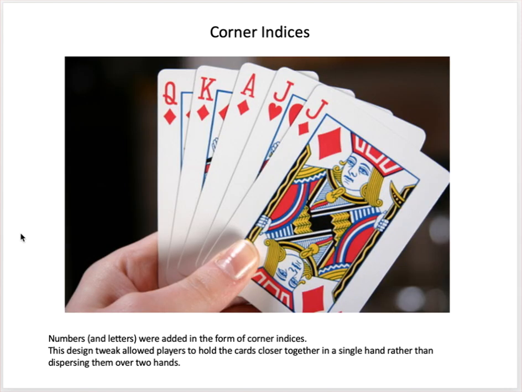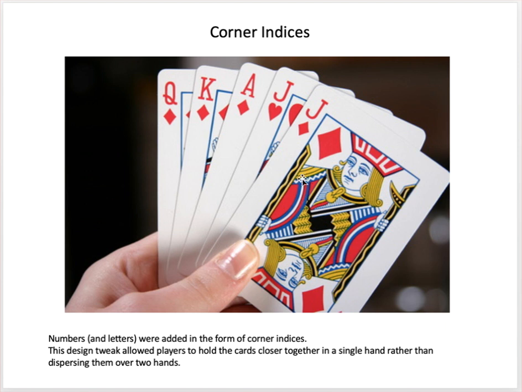Corner indices, you probably never knew that that's what these were called. But the corner indices, this is really important because you're going to have to include these in your card designs. That's like this where it says J diamond and K diamond. Okay, so those are called the corner indices. They're in this corner, and they're also, you can't see it here, but they're down here in this other bottom corner.